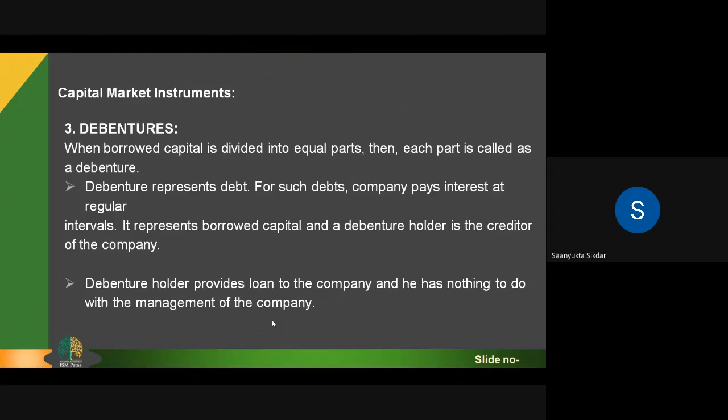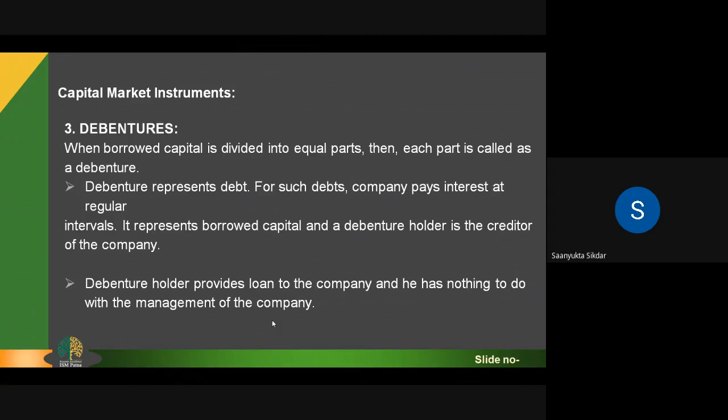The next important capital market instrument is debentures. Now, what are debentures? Debentures are basically when borrowed capital is divided into equal parts, then each part is called a debenture. A debenture represents debt. For such debt, the company pays interest at regular intervals.